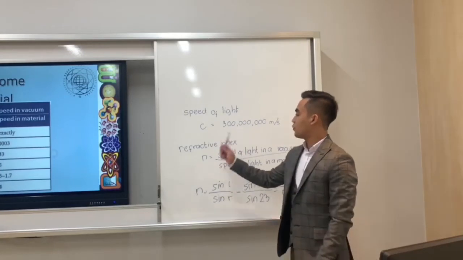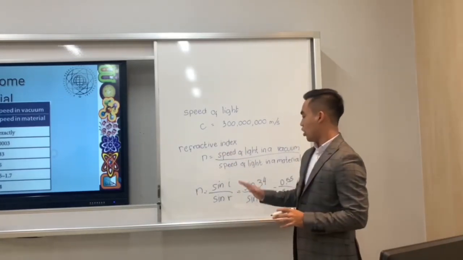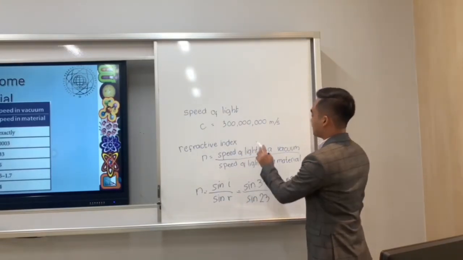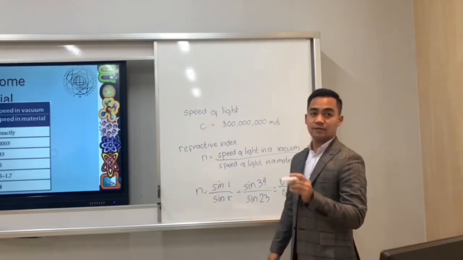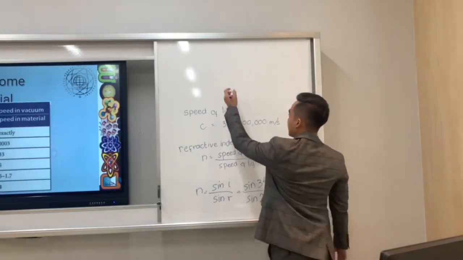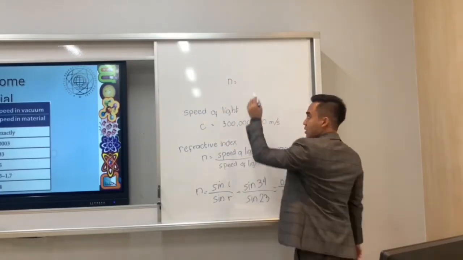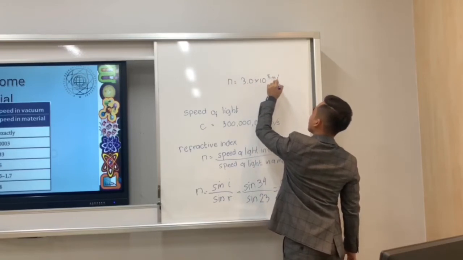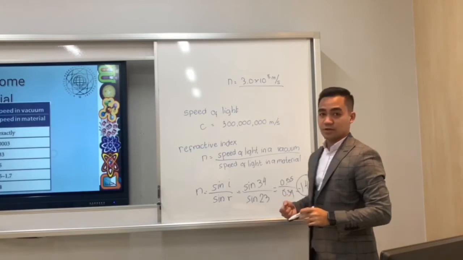Actually, we can play around with this equation. What if we are asked to find the refractive index and we are not able to measure the angle? What was given is the speed of light in a vacuum and the speed of light in a material, for example. Now we can have it like this: n is equal to the speed of light in a vacuum, 3.0 times 10 to the 8 meters per second, over the speed of light in a material.